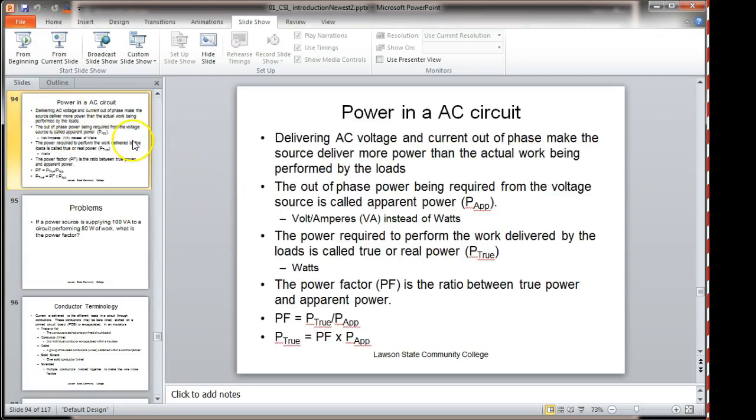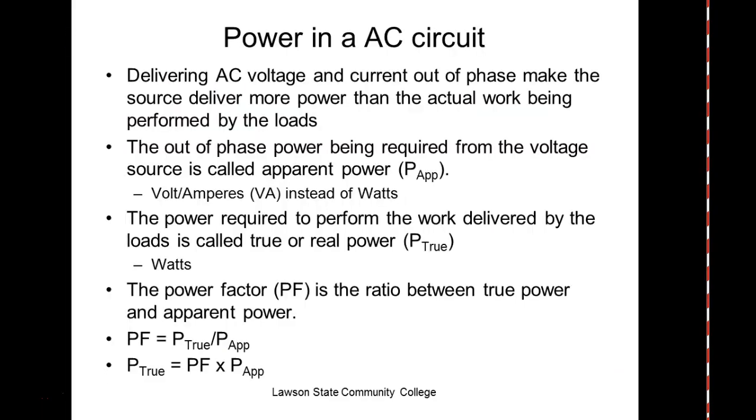So what we end up with, guys, in an AC circuit, is two types of power. Delivering AC voltage and current out of phase makes the source deliver more power than the actual working performed by the load. The out of phase power being required from the voltage source is called apparent power, and this is in units called volt amperes.